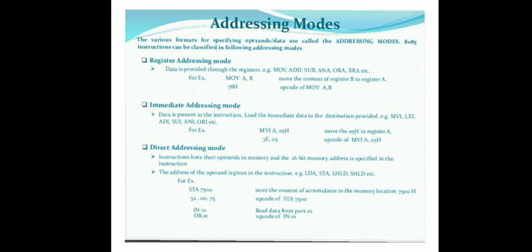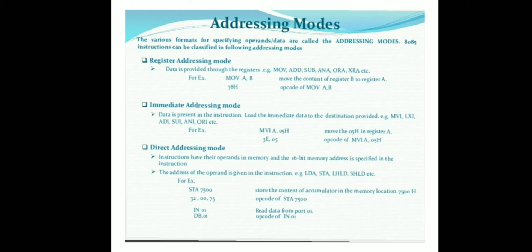Immediate addressing mode. In this addressing mode, the data is present in the instruction, and the first byte is used for the opcode and the second byte is used for the 8-bit data. For example, MVI A, 05.